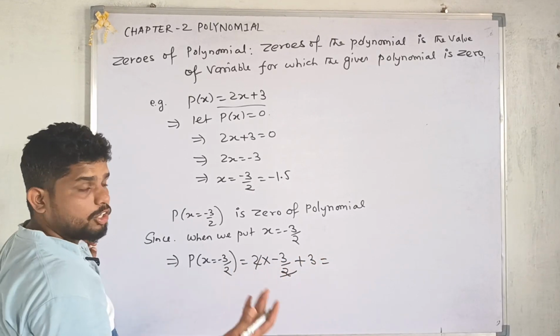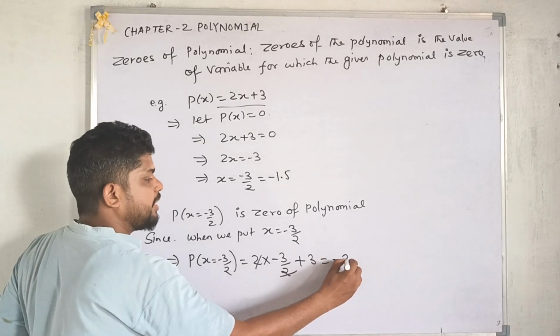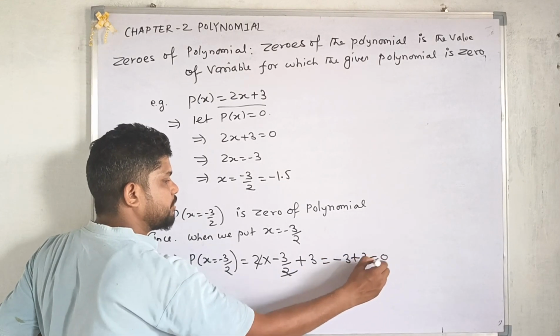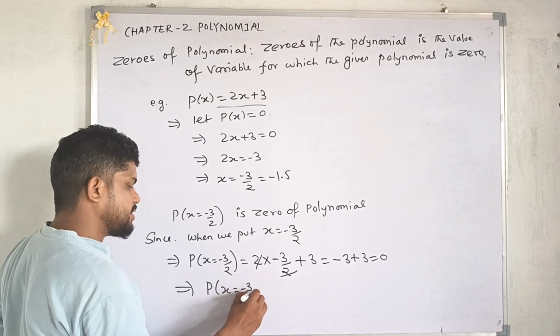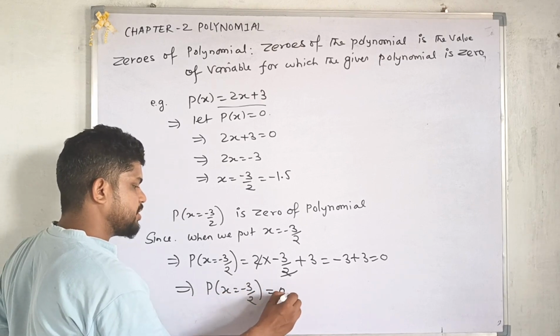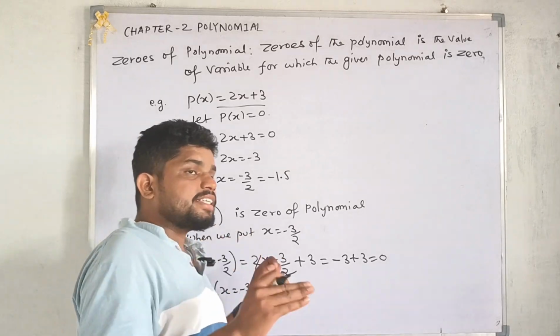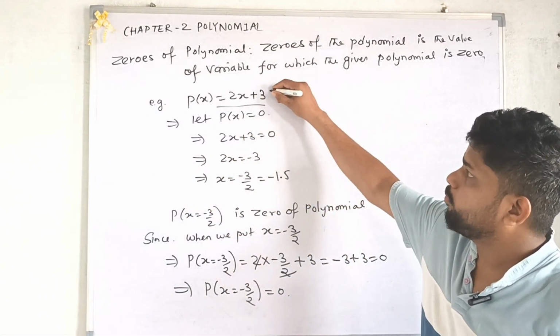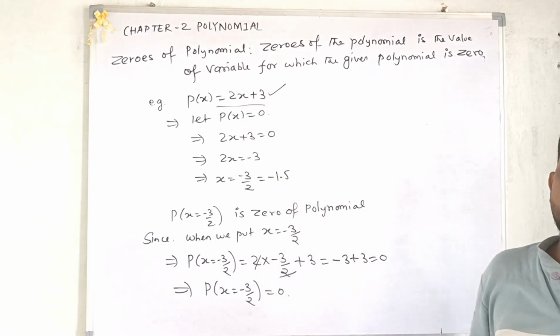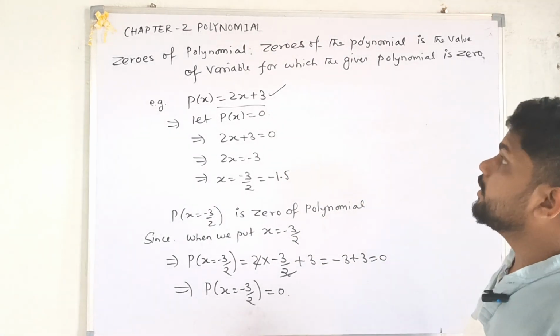The 2 and 2 get cancelled out, so we remain with minus 3 plus 3, which is 0. That means for the value of x equal to minus 3 by 2, the polynomial is 0. Thus minus 3 by 2 is the zero of this polynomial. Okay, I hope you understood.